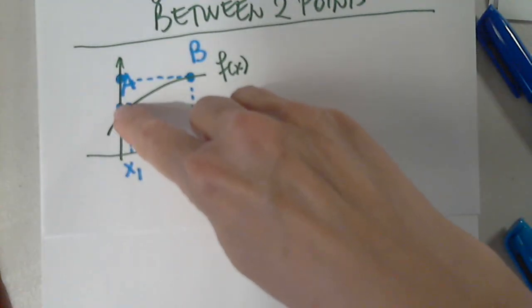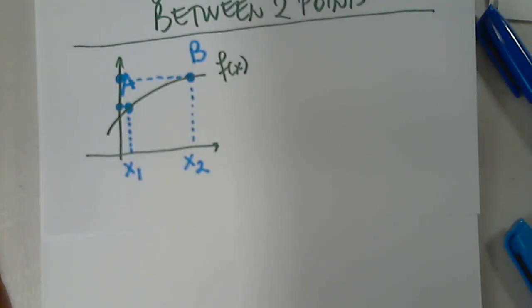For this being x1, what will this be? Y1? Correct. And is there another way?